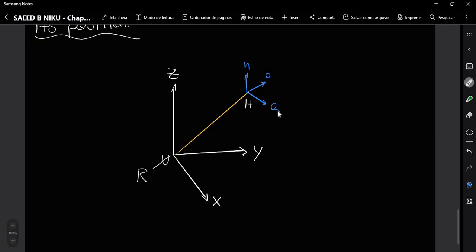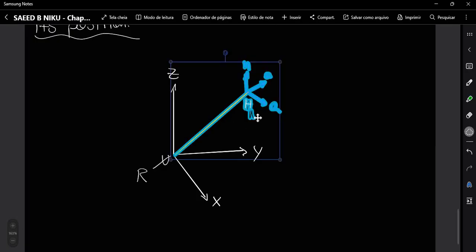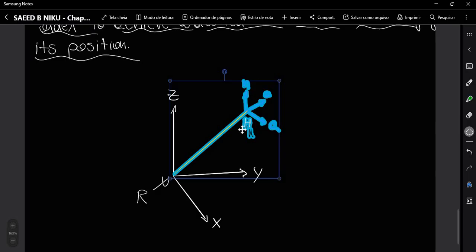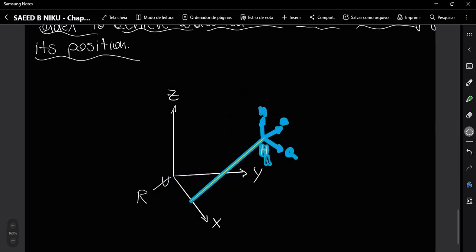is a drawing of the most simple robot that we can have, which is just a simple link doing changes in its position. Actually, we can do translations with this robot on the respective axes.